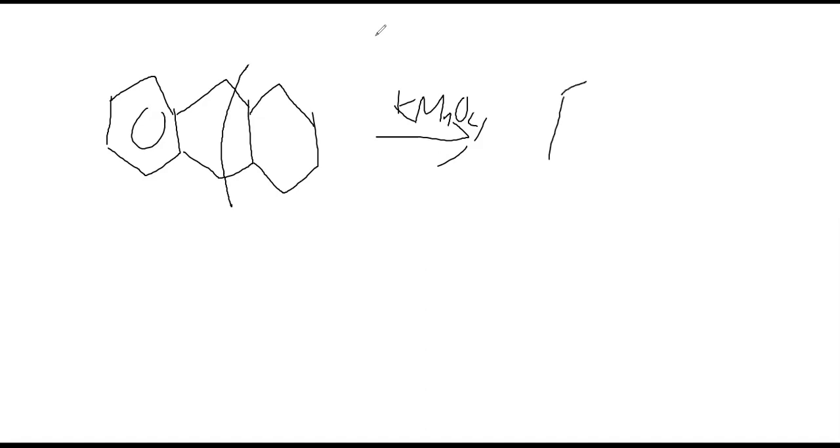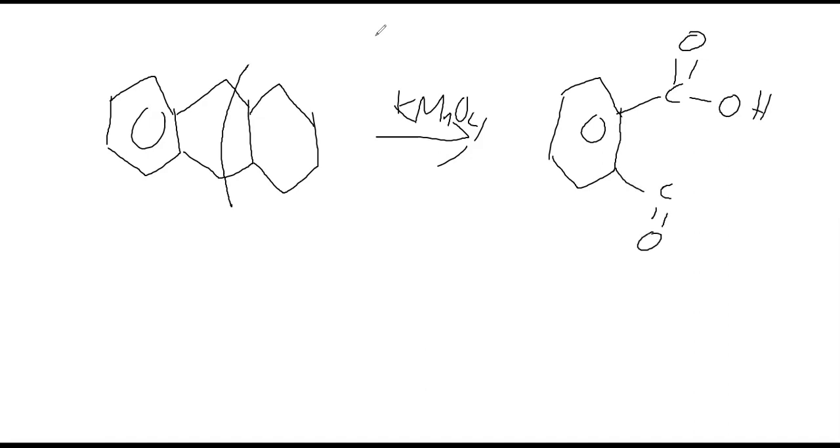The phenyl ring is untouched, so it stays the same, but it's going to oxidize everything else. Every other carbon is going to be turned into CO2. This guy would like to be turned into CO2, but it cannot because we're not going to touch that ring. That just forms a dicarboxylic acid.